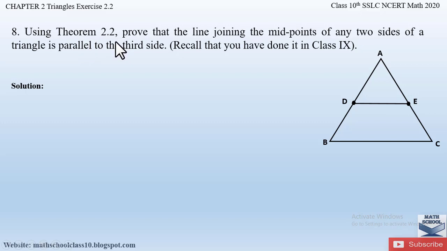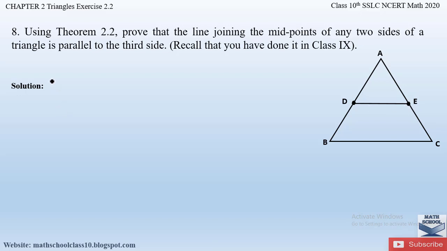So let us first write down what is given and what we have to prove. Since we are taking the midpoints of two sides of a triangle, we can say that if we take the midpoint of side AB, then AD is equal to DB, and in side AC, AE will be equal to EC, since we are taking the midpoint as E here.